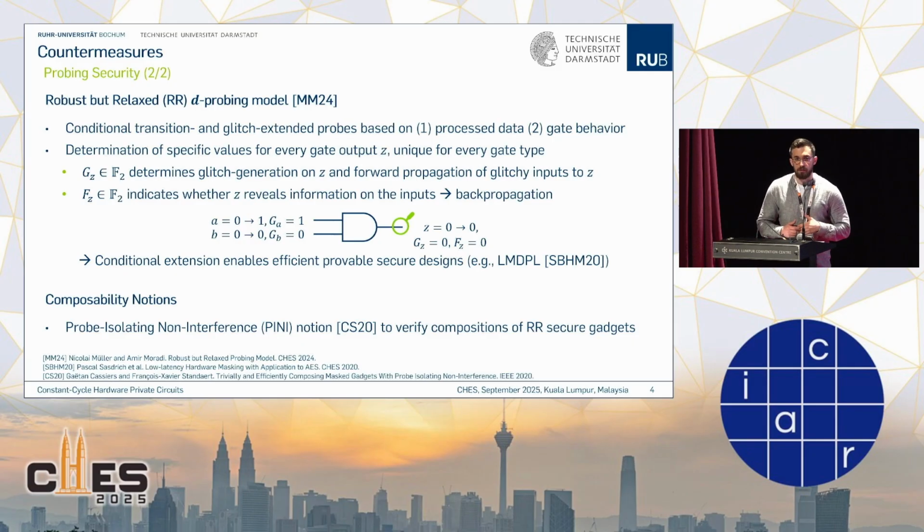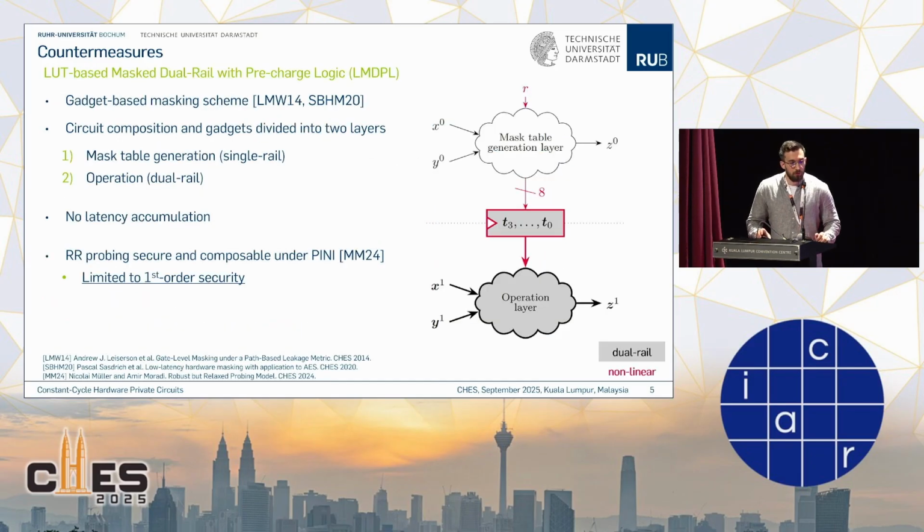And of course, if we have a gadget that is proven to be secure in this probing model, then we can use composability notions like PINI to also prove that arbitrary compositions remain secure. So one of the schemes that is insecure in the robust probing model but is secure in the relaxed but robust probing model is LMDPL.